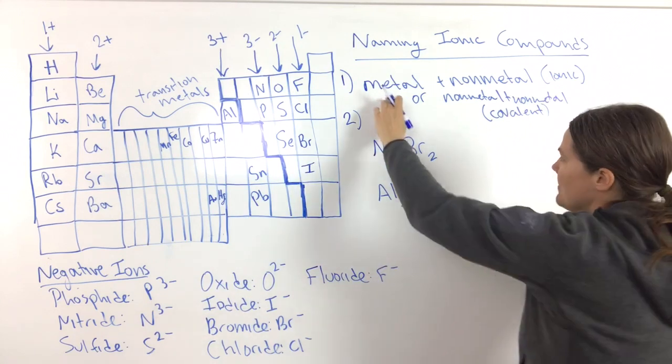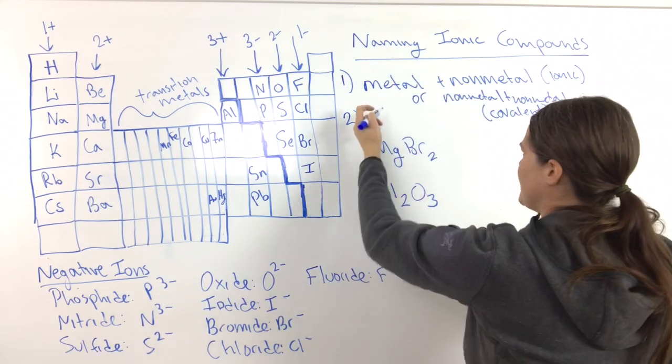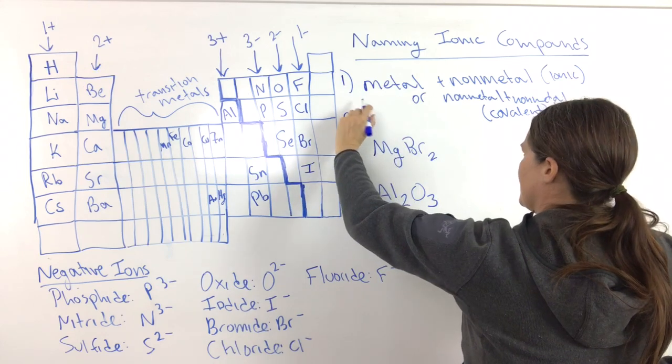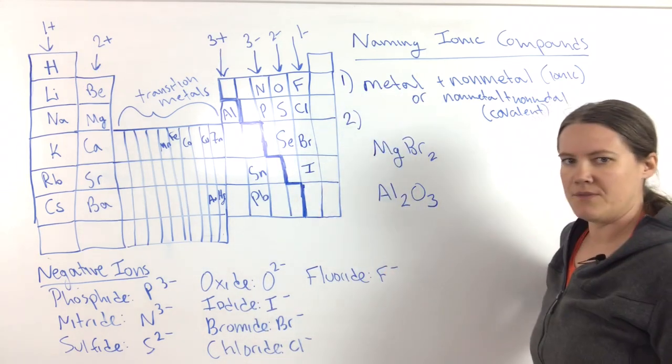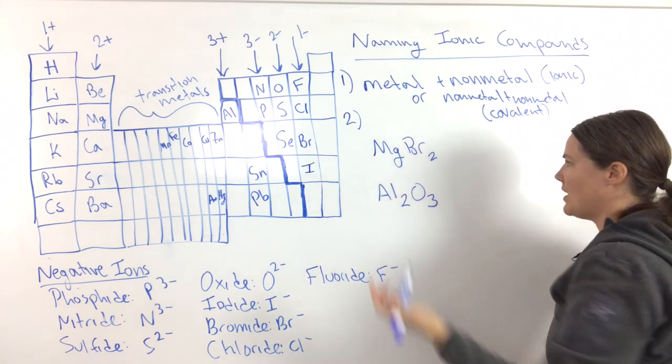But for what we're doing here, we're doing the naming rules for ionic bonds. So the first step is to figure out what kind of bond you have, whether you have an ionic or covalent bond.